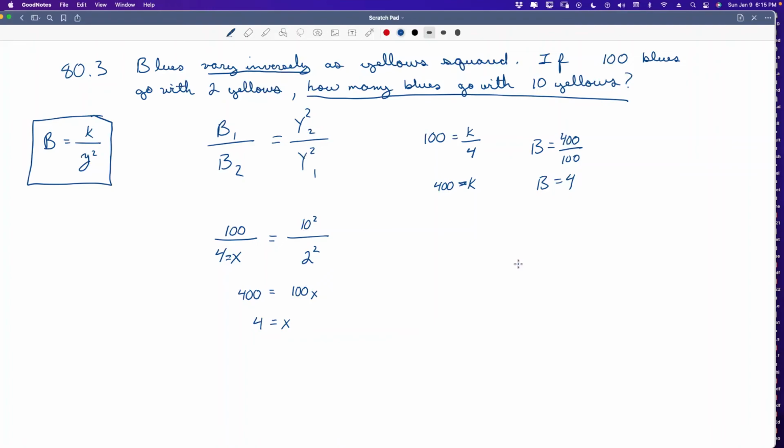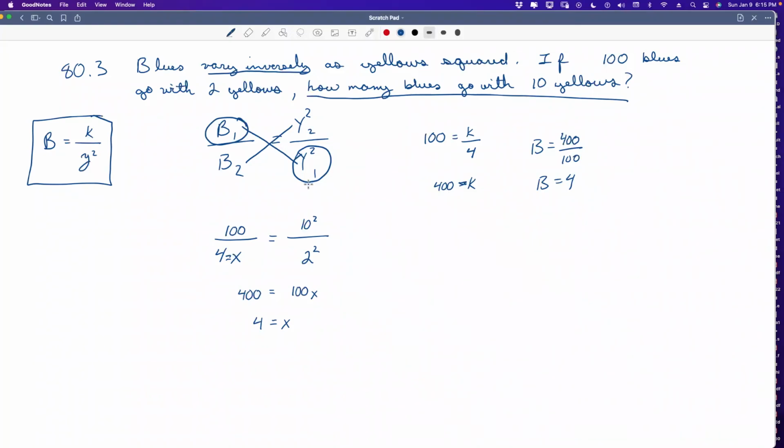So the main thing to remember is when it says varies inversely, your events are going to be opposite one another. So this event 1 goes with this event 1, and this event 2 goes with this event 2, but you keep the same thing on the same side.